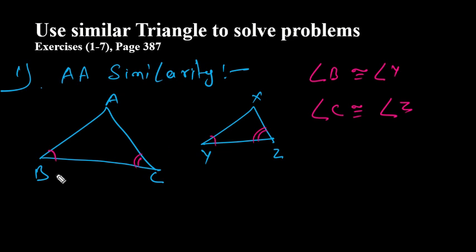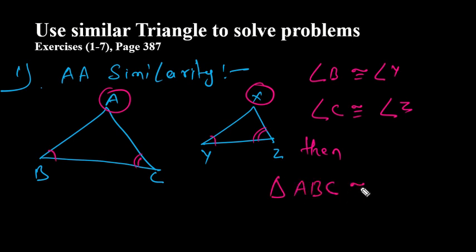And then the total sum is 180 degrees, so angle A will also be congruent to angle X. If you do 180 minus the sum of these two, you will get angle A, and they both will come out the same. So in this situation, if two angles are congruent, then you can say triangle ABC is similar to triangle XYZ. This is type 1.